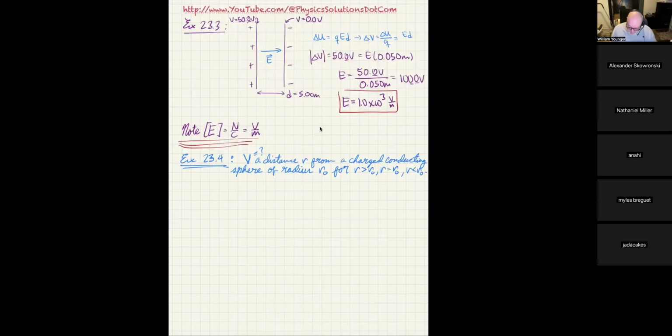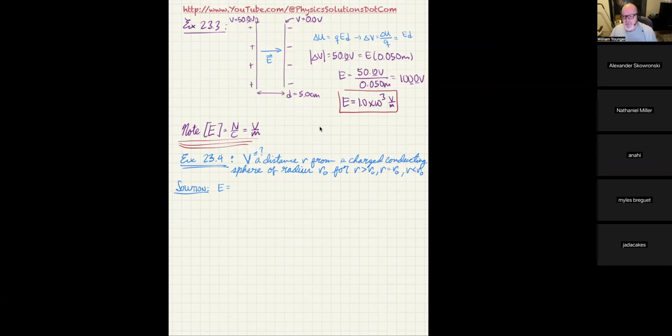Okay. Now, our solution to this is going to be listing the equations that we're going to use. For instance, one of the equations we know is the electric field caused by a spherical distribution of charge, which happens to be the exact same electric field caused by a point charge at the center of the spherical distribution of charge.